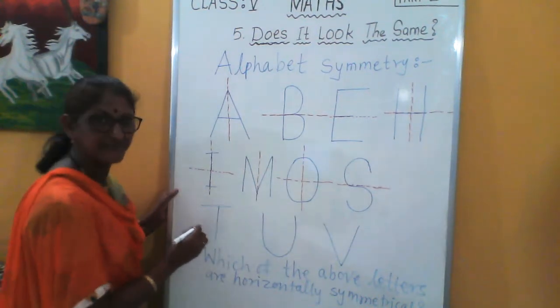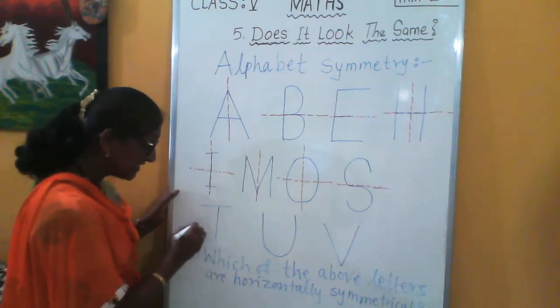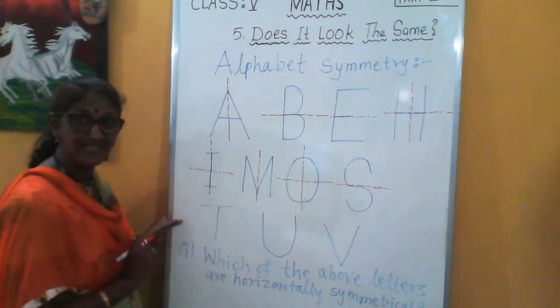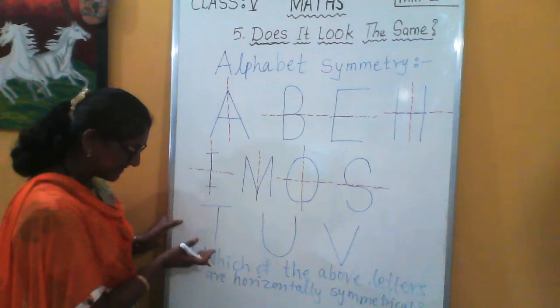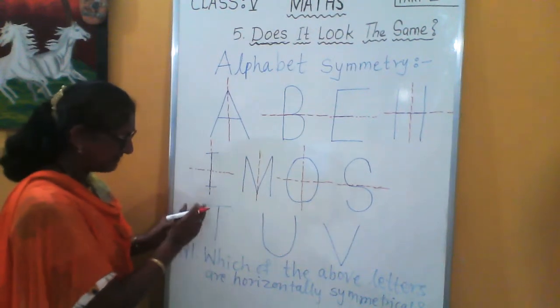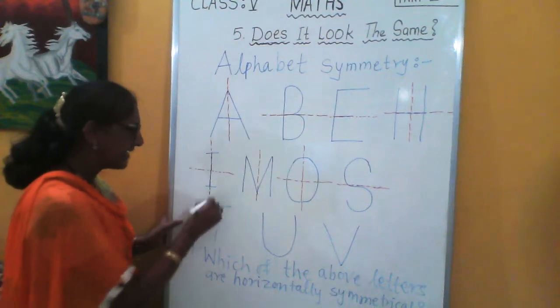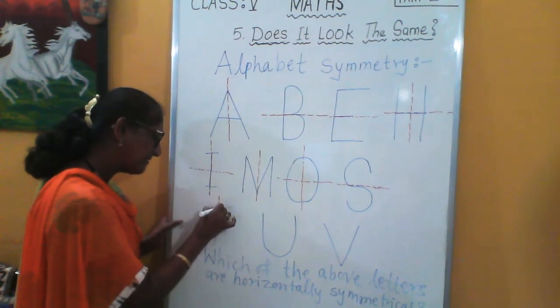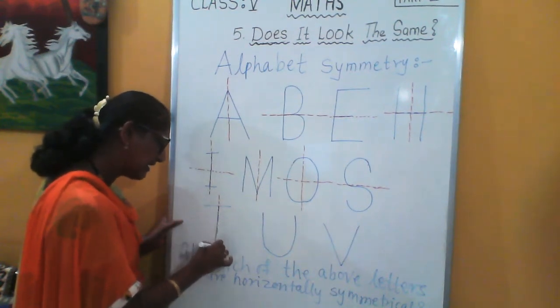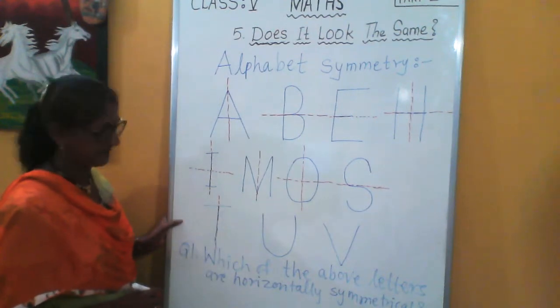Now T. For T, we cannot give a horizontal line because there is no horizontal line like this at the end of T, and that is why we cannot divide. So for T only one line of symmetry we can draw, and that is vertical.